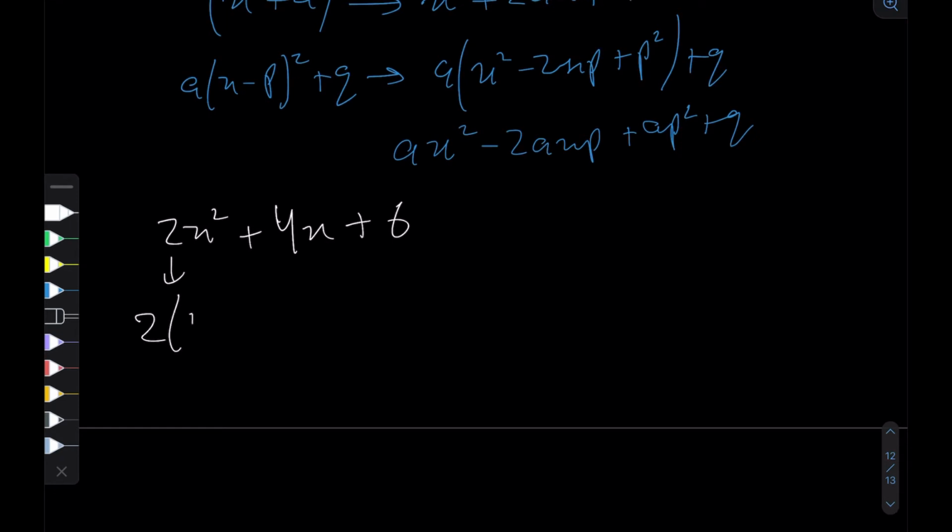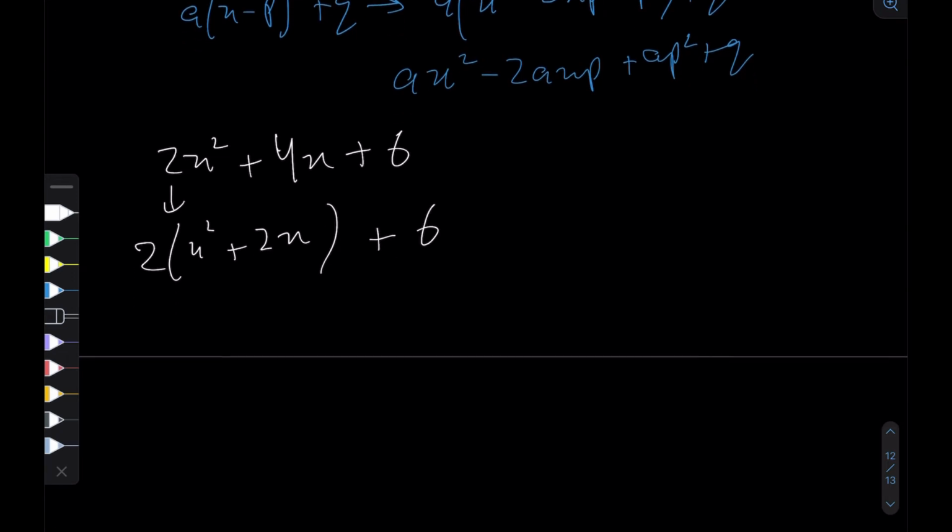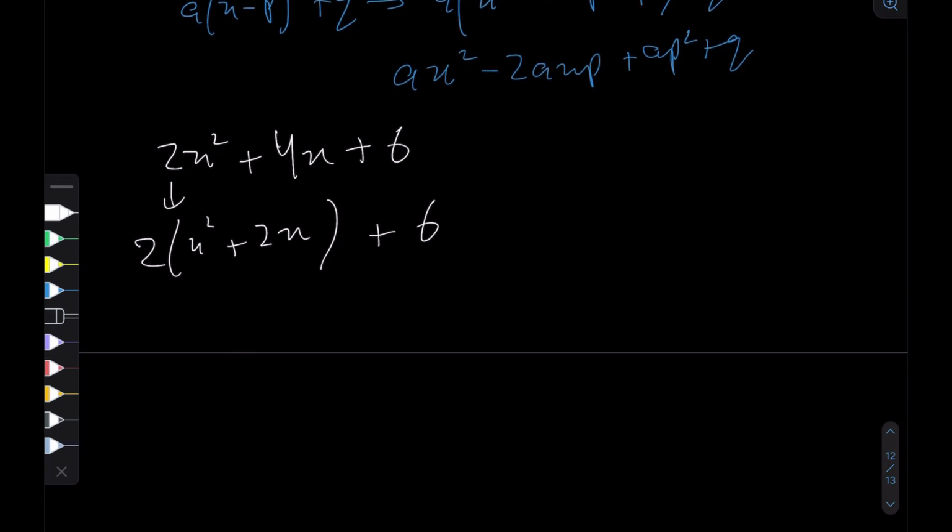So 2(x squared plus 2x), and I have a choice. I can either write the plus 3 over here, since we're dividing 6 by 2, or I can close the bracket over here and write plus 6 here. It's the same thing. Now what we do is, look at the coefficient of the x term, divide it by 2 and then square it, right?